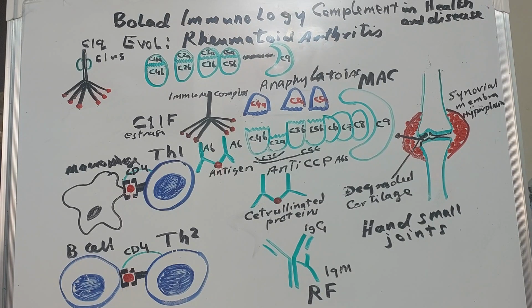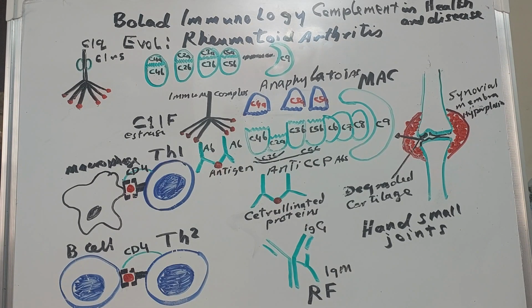The spleen and the liver are the graveyard of the body. So deficiency of the receptors on the surface of some cells, or deficiency of complement components, may lead to failure of this clearance of immune complex and may lead to autoimmune disorder.